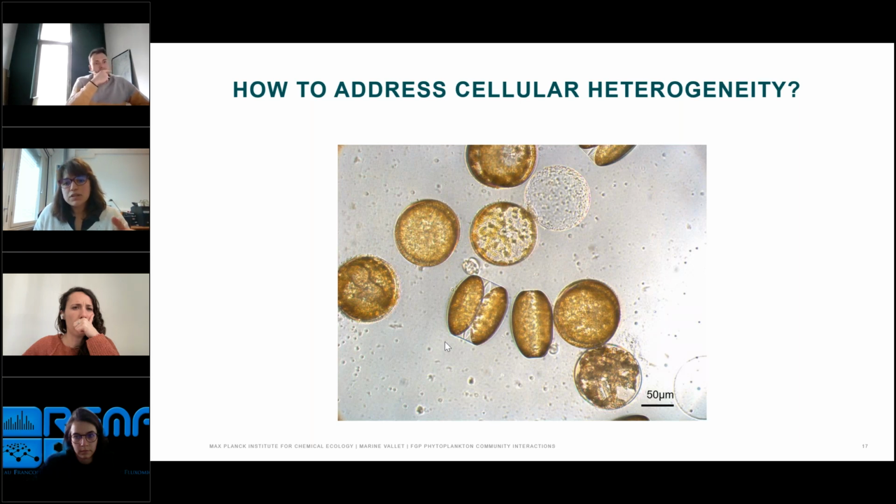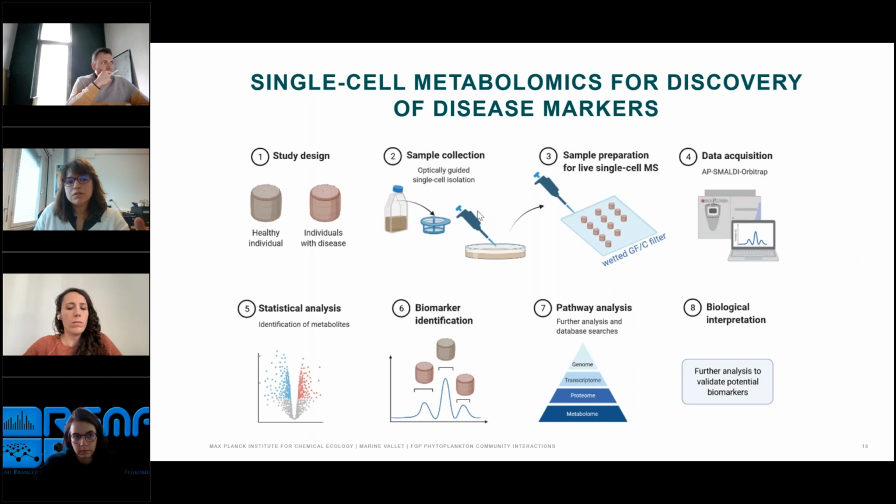And of course, when we do simple batch bulk metabolomics, we will just get an average of this population. So to prevent that, we developed a method using single cell metabolomics to discriminate cells with a particular phenotype. And of course, I use the cells that were infected with these two parasites.